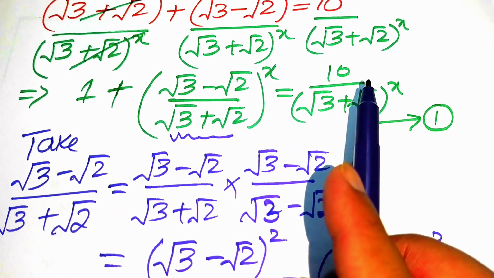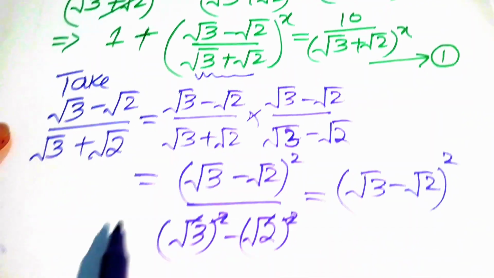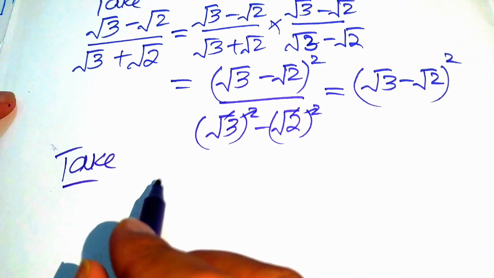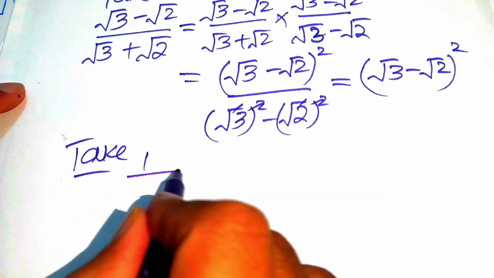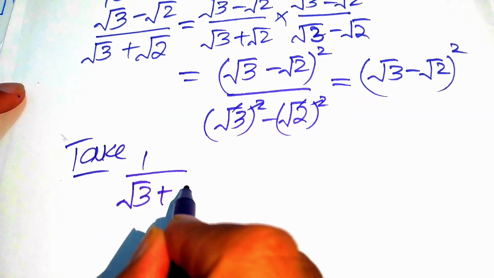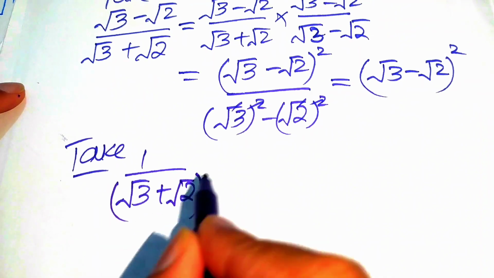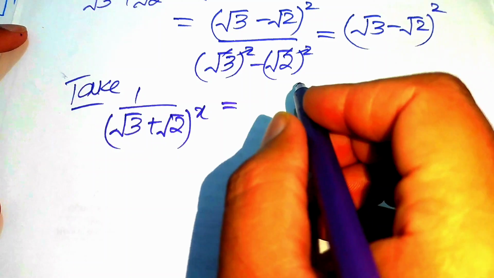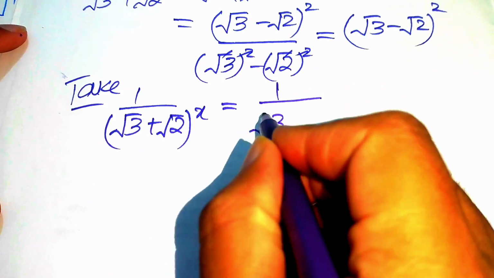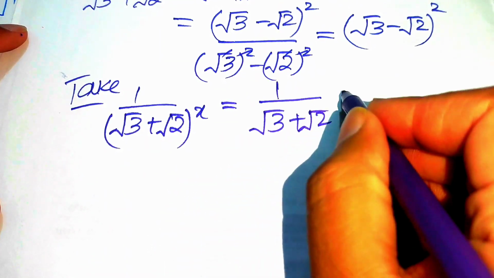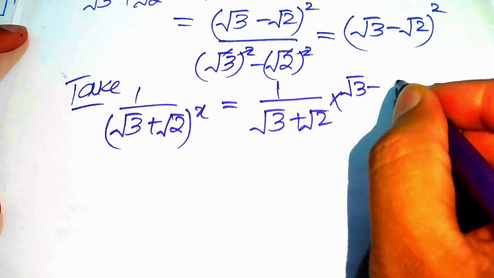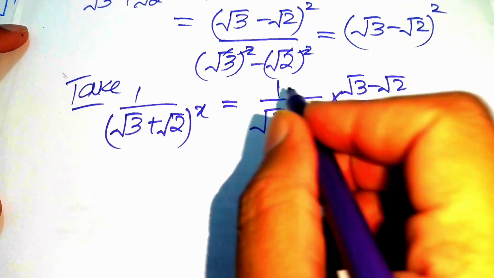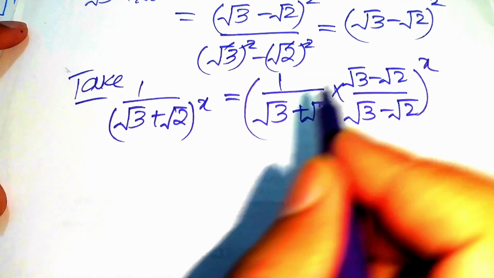Now we take the term on the right hand side other than 10. We have 1 over (√3 + √2)^x. Now we rationalize the denominator of this term as well, and we get 1 over (√3 + √2) multiplied by (√3 − √2) divided by (√3 − √2), all to the power x.